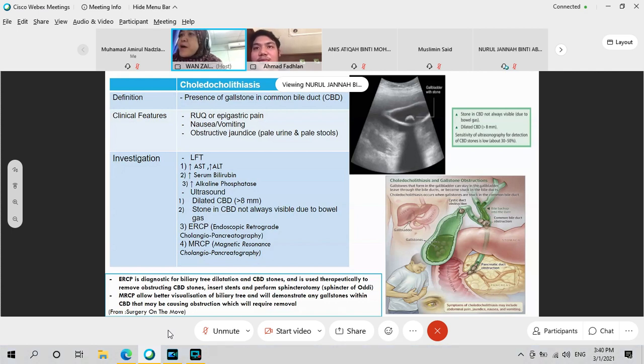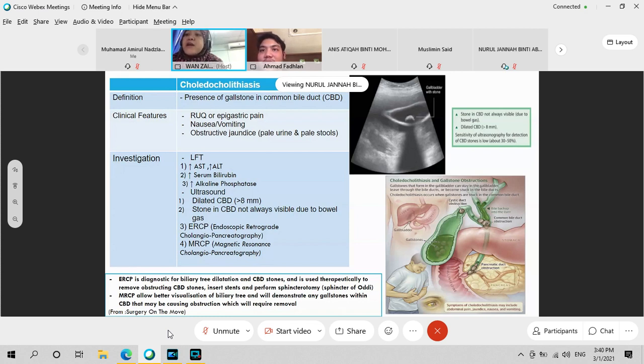So that's why dia tak boleh nampak any stone because the CBD is very distal. Kalau tengok dalam diagram, dia kecil dan distal, dia duduk di belakang duodenum. So bowel gas ada kat situ, dia tak nampak.